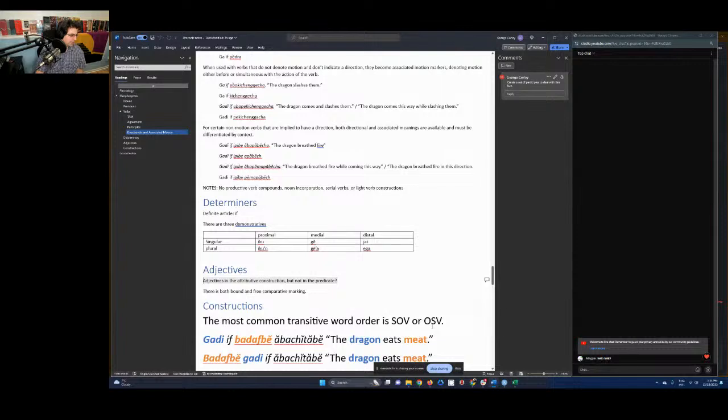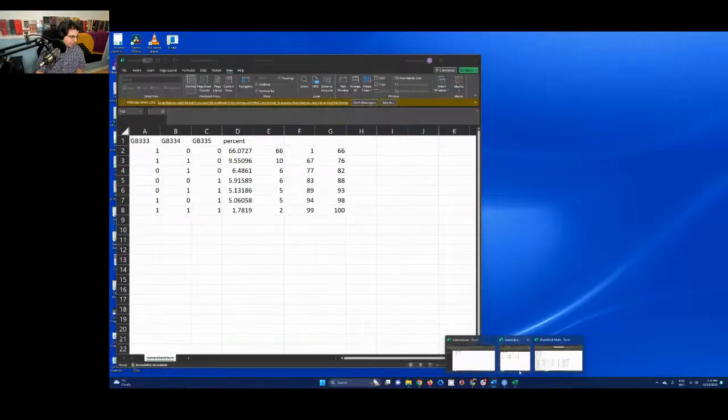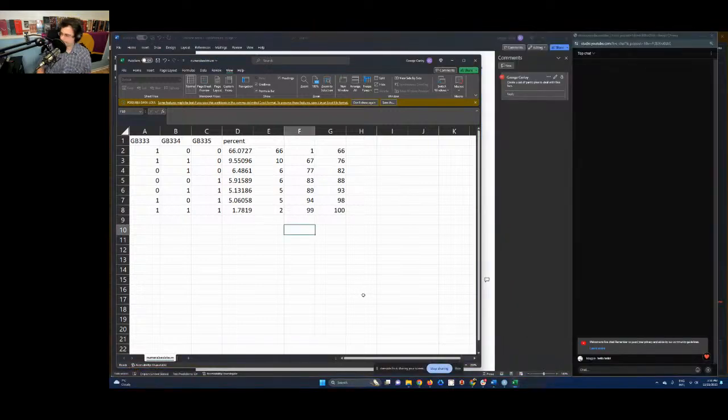So that's what we're doing. I'm just going to pull up my numerals, and we're going to find out how numerals are constructed.